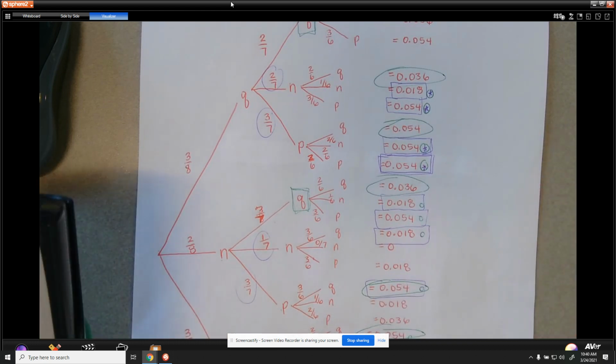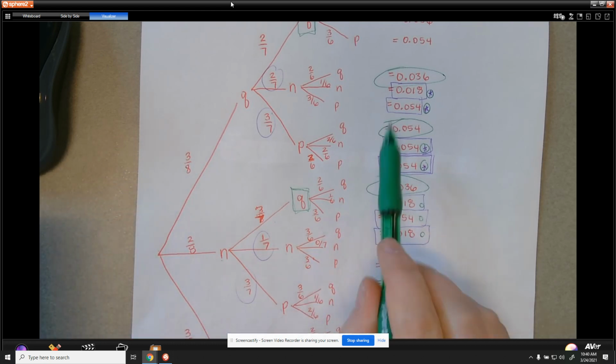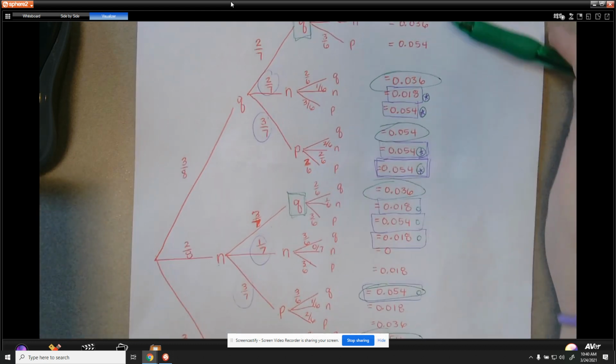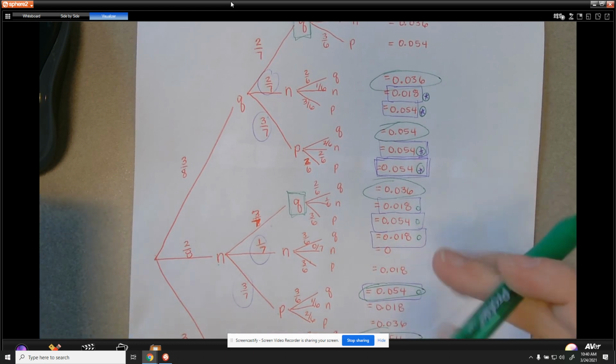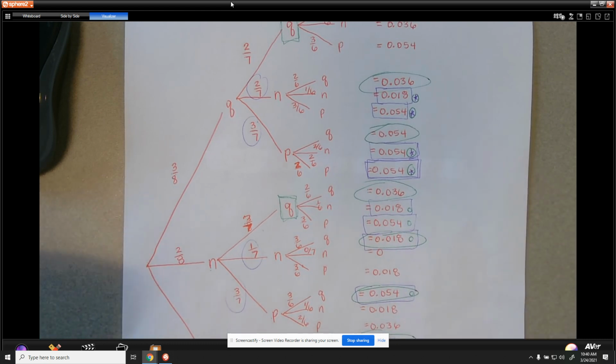So I've got 0.018 plus 0.036, plus 0.054, plus 0.036 for that one, plus 0.018, plus 0.054 plus 0.054 plus 0.054 plus 0.054.